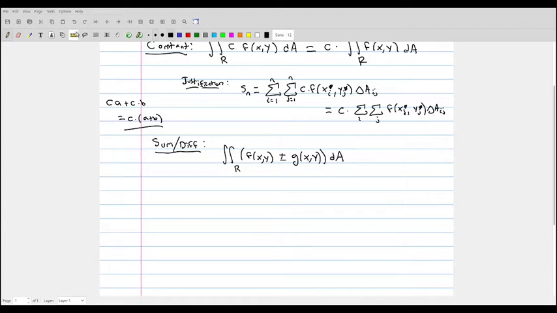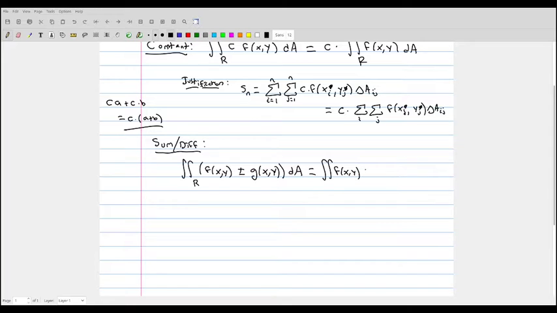The sum and difference rules tell us that this integral is going to be the same thing as the sum or difference of the integral of the first function with the integral of the second function. This is both over R.